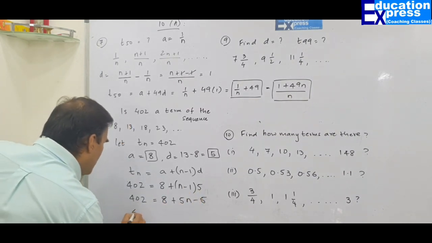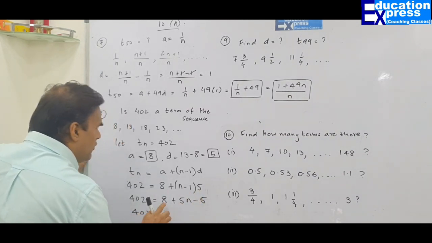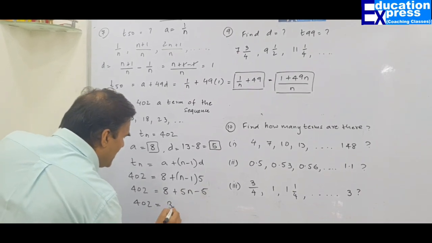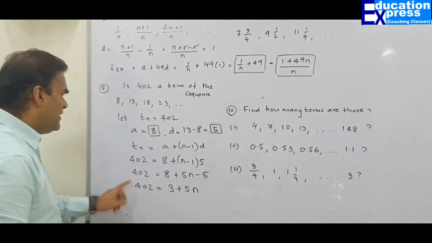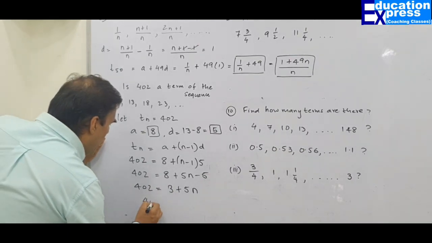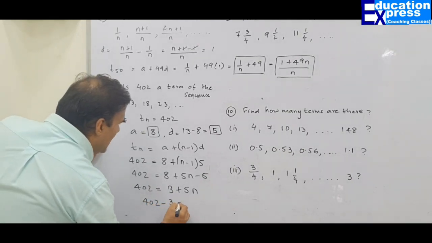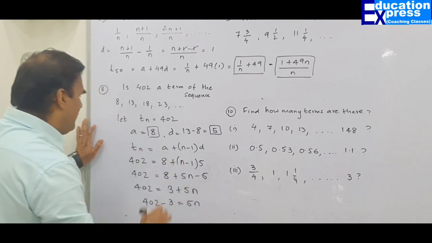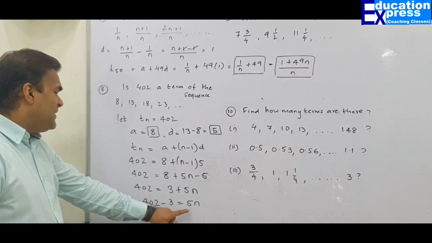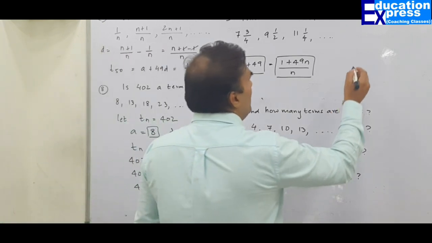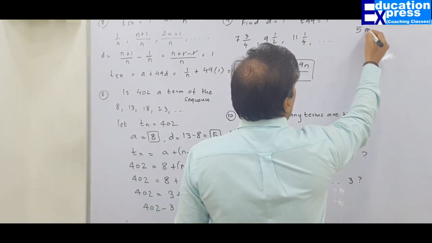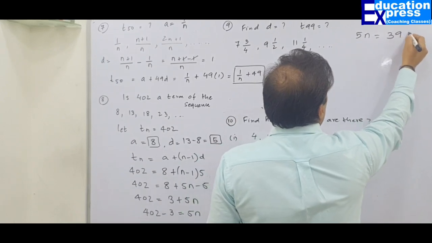So 402 is equal to 8 minus 5 is 3, 3 plus 5n. Can I shift 3 to this side? Yes, sir. 402 minus 3 equals 5n. So, can I say 5n equals 399? Yes, sir.